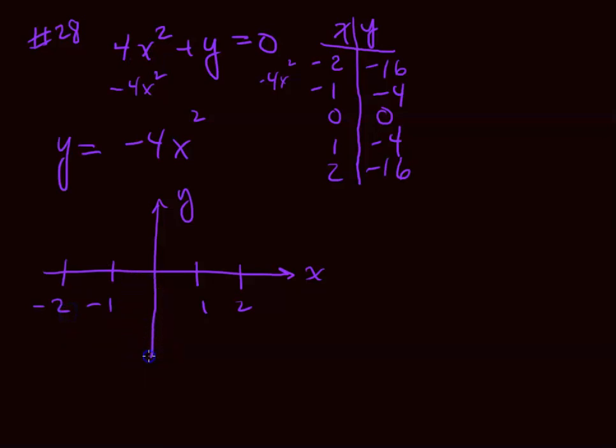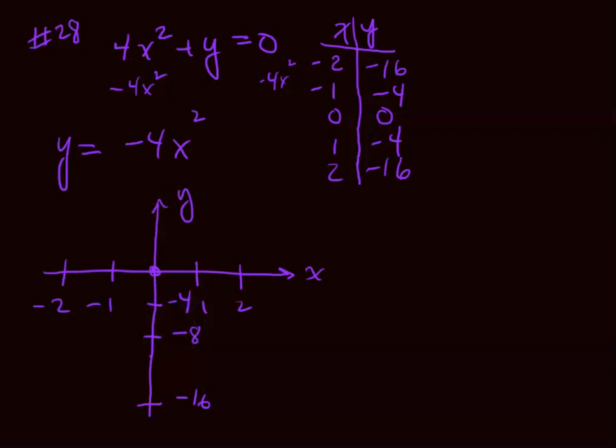But I need a -16, and 0, 0 is one of those points. Let me label the axis first. So if this is -16, half of that is -8, and half of that is -4.